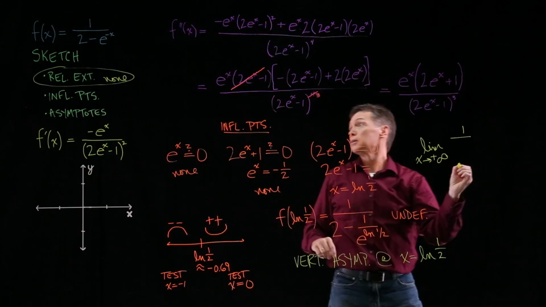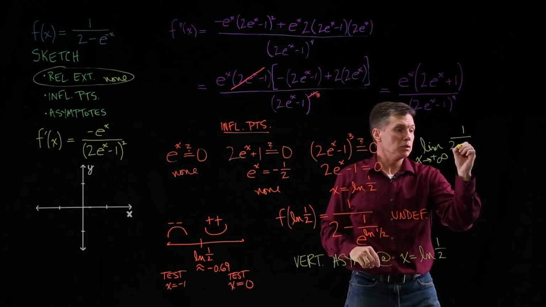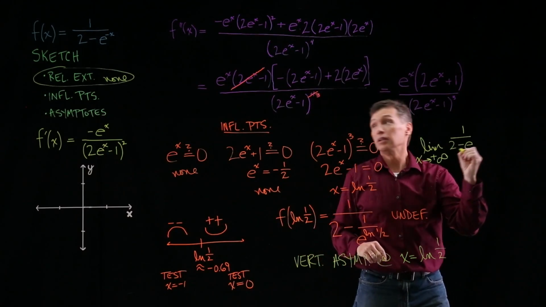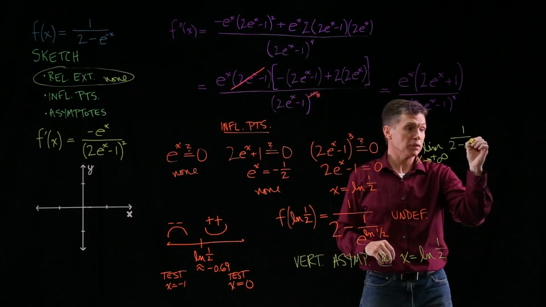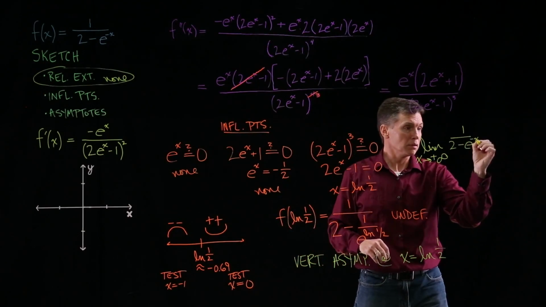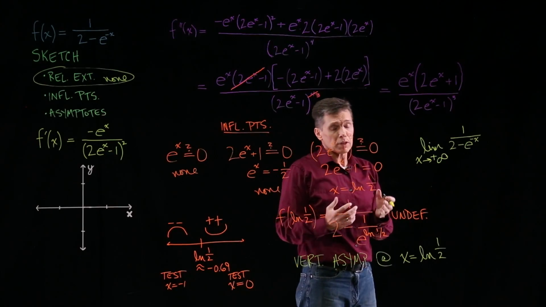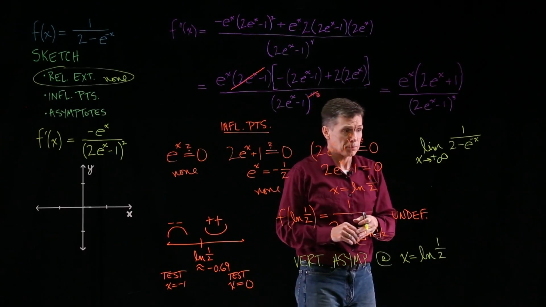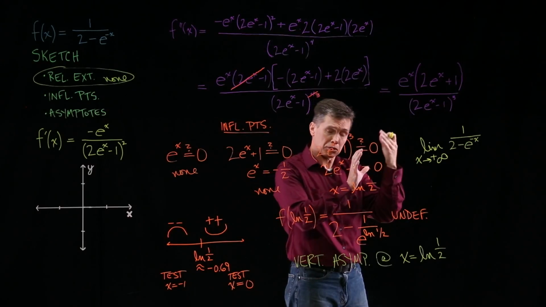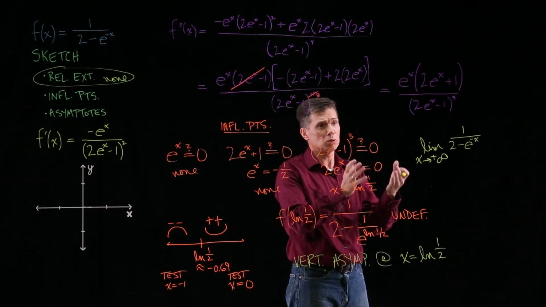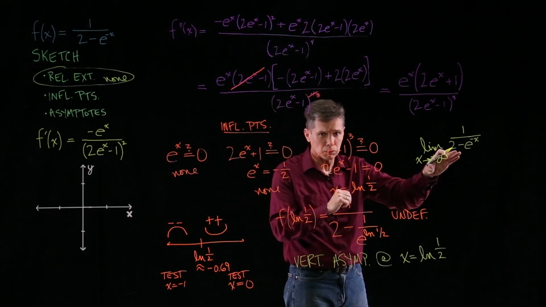1 over 2 minus e raised to the minus x. Okay. This actually isn't too bad as a limit. I'm going to try to talk through a little bit of the thought process. It's actually more thinking than writing anyway.